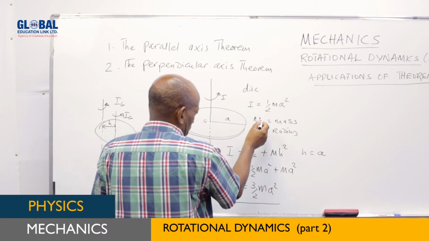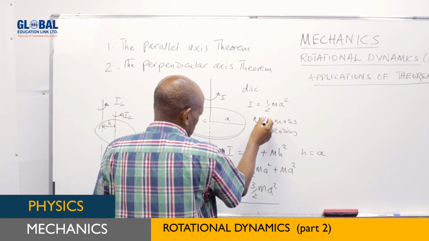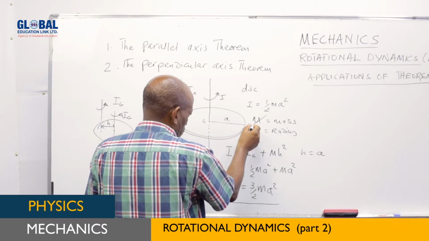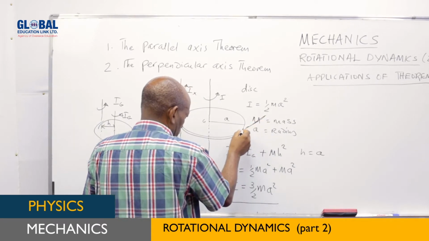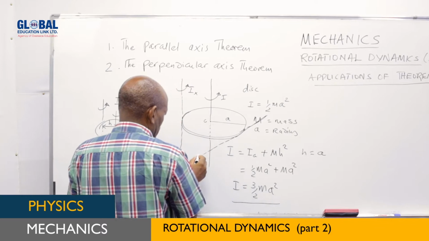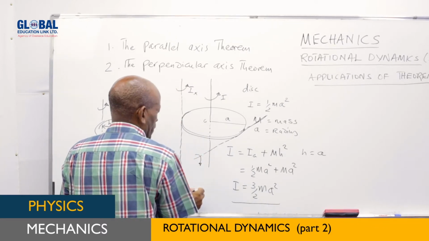So here I will be having an axis which could just be passing, let's say, at that particular point. So I might be talking about this particular axis.